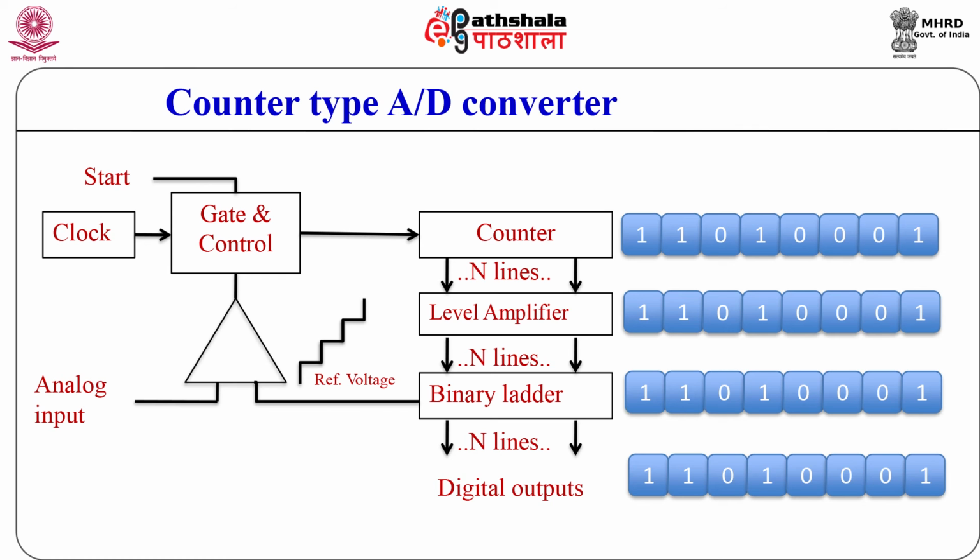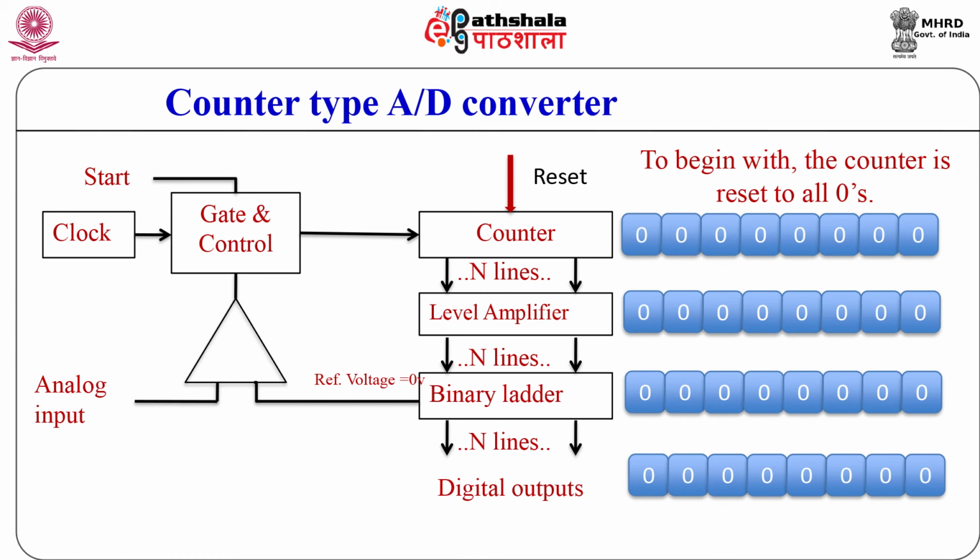To begin with, the counter is reset so that counter output becomes 0 0, which makes output of level amplifier also all zeros. Input to binary ladder will be 0, reference voltage to the comparator will be 0. If analog input applied is positive, output of the comparator will be positive.